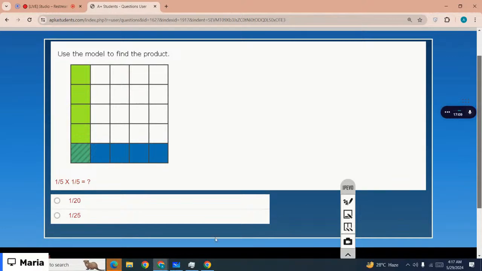The correct option is 1 over 25. Option number 2 is the correct option.